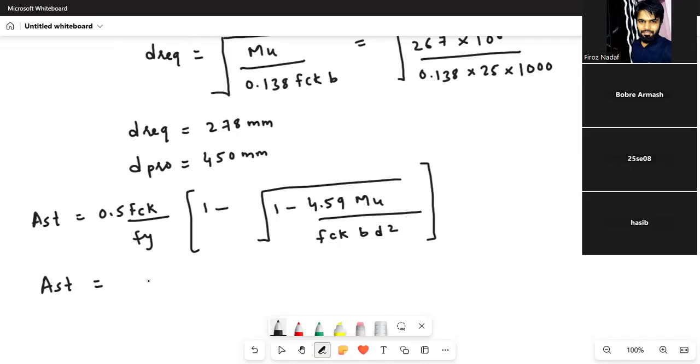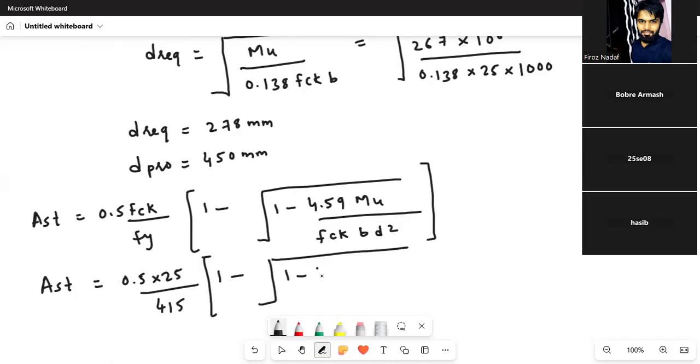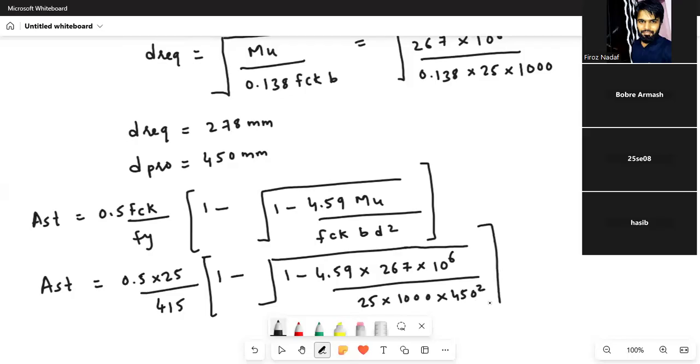Okay. So Ast equals 0.5, fck is 25, fy is 415, into 1 minus the square root of 1 minus 4.6 into 267 into 10 to the power 6 divided by 25 into 1000 into 450 squared.